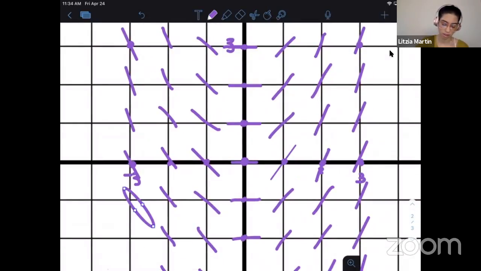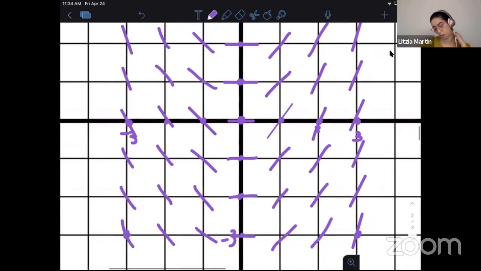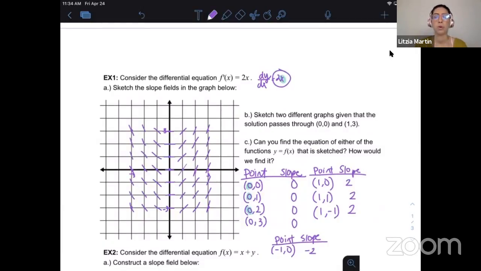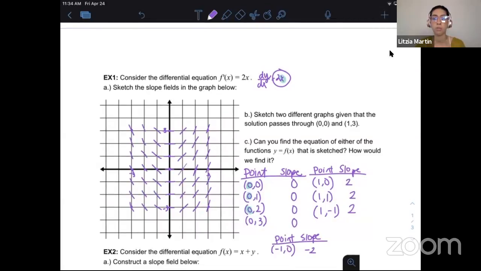Oh, don't want an ellipse. Okay, so there is what we call a slope field. If you're given a derivative, you can pick points and plug them into the derivative.